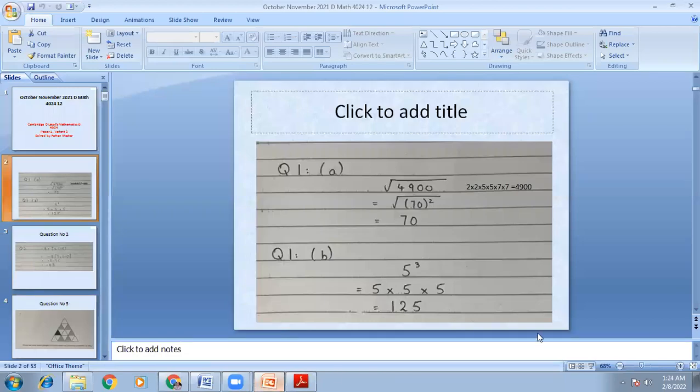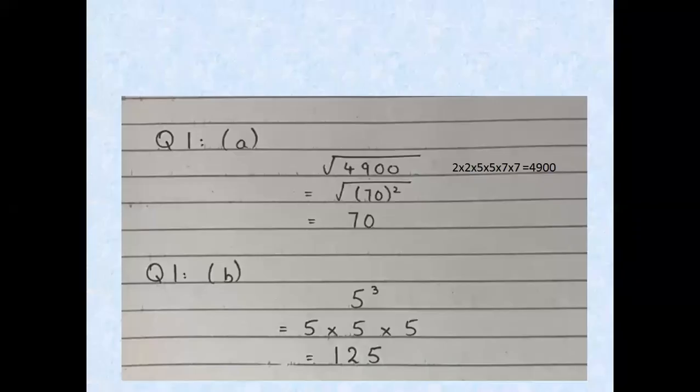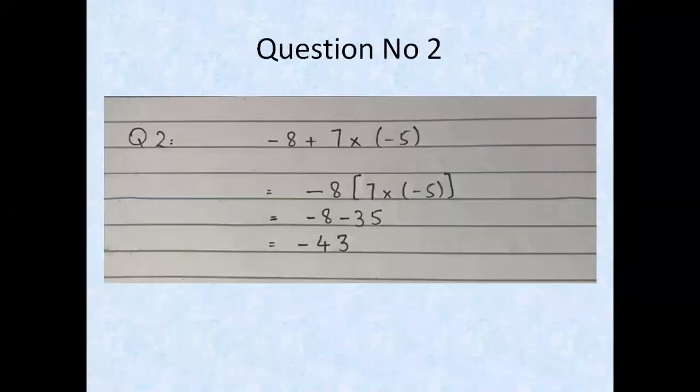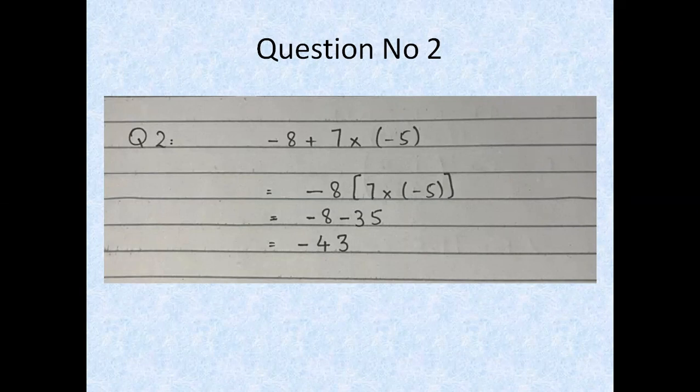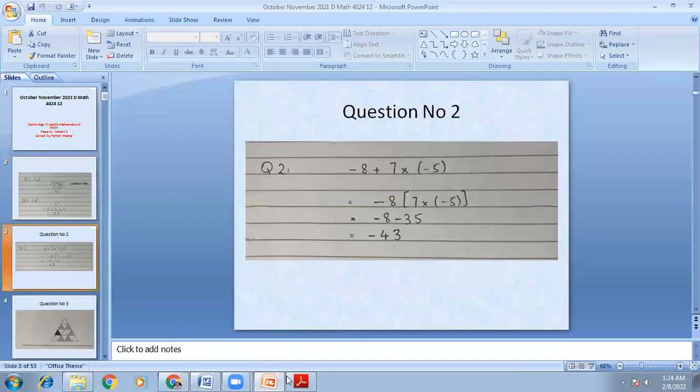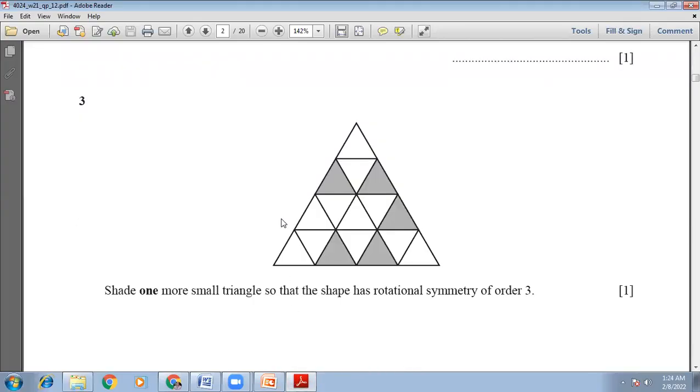So you will have -8 and -35. That will be -43, because when the signs are the same, like -8 -35, you do the process of addition, but the sign remains the same. So you will get -43. So this is how you do it. That was question number 2.